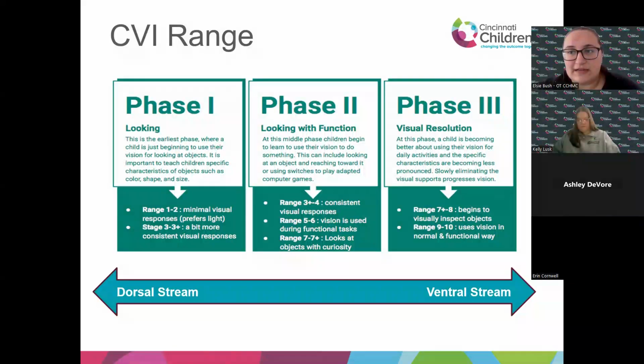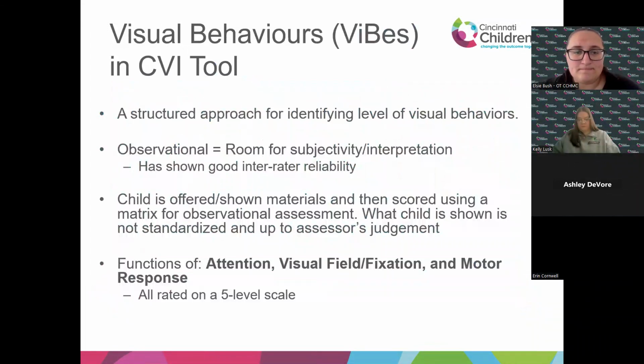So we're not just looking, now we're looking and we're reaching for something. We're looking and interacting with a toy or an object. All the way up to phase 3, where the visual processing becomes more refined and it's more observing characteristics and details and having better understanding of something. At this phase 3 part of CVI, there's more resolution and working through these skills, and it may be more subtle in their presentation.